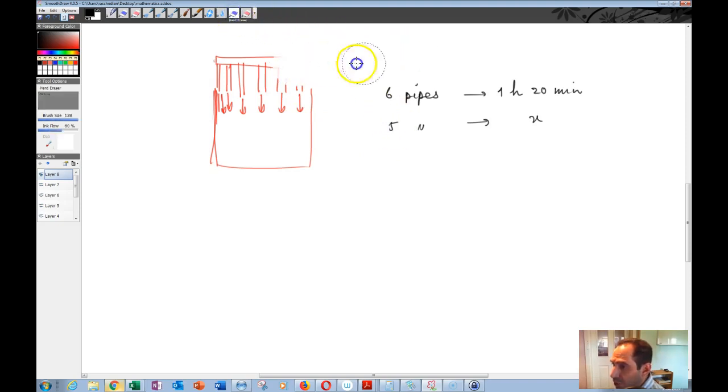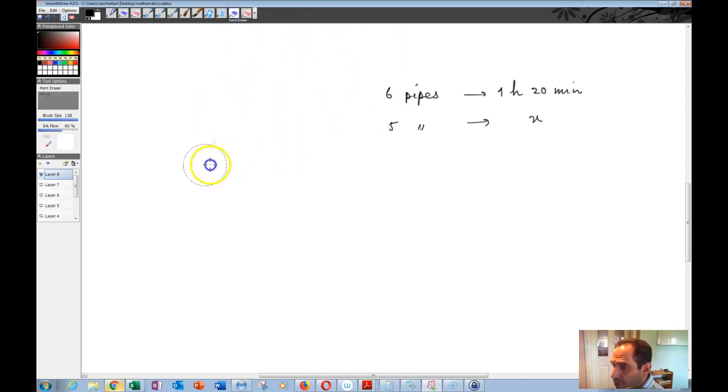So in order to solve this problem, you can do it systematically, or if you understand inverse proportion, then you can do it very simply as well. If you don't want to do it systematically, just solve the problem.